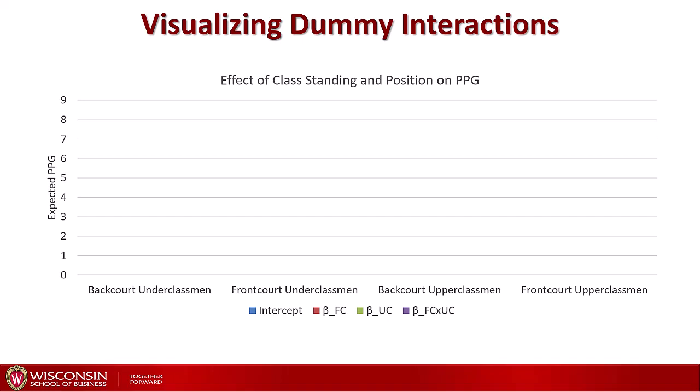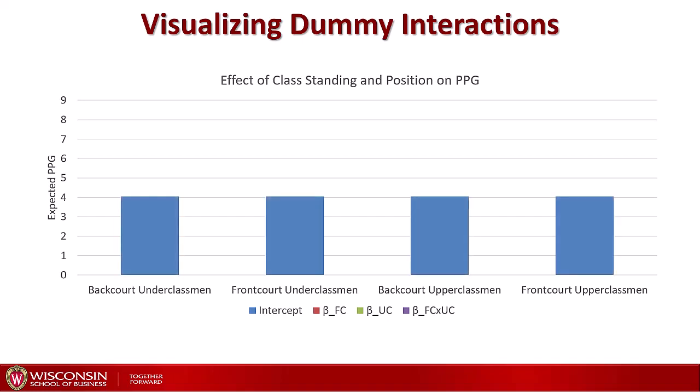So first, let's look at the intercept coefficient. The intercept is here for every possible combination of front court and upperclassmen. So we should add it everywhere. Then we have the front court coefficient. Front court coefficient is only relevant for front court players, so the second bar, and the last bar on the right.